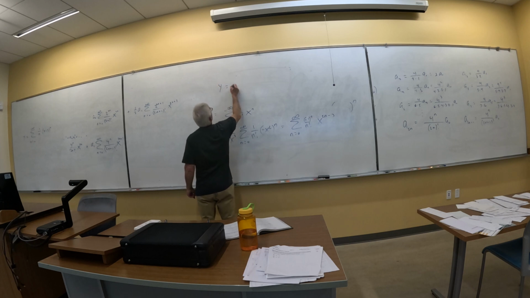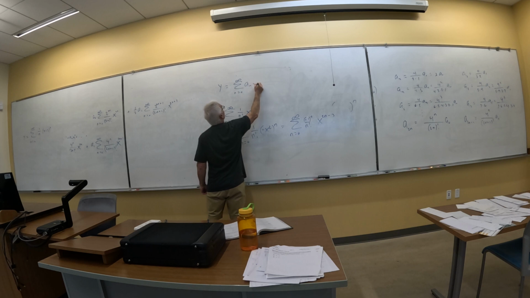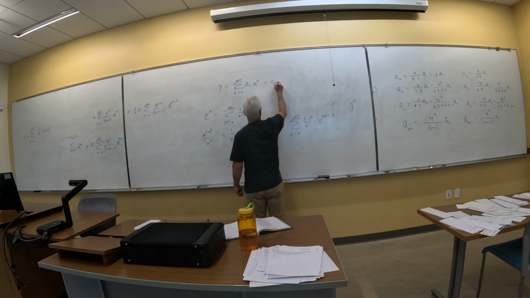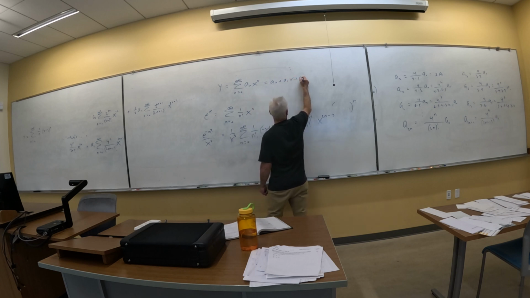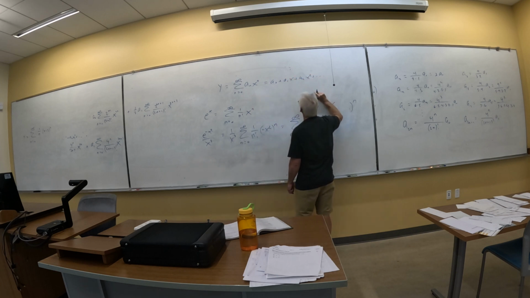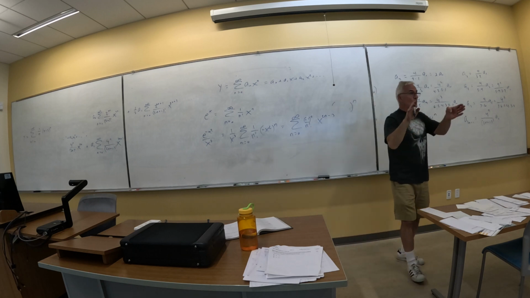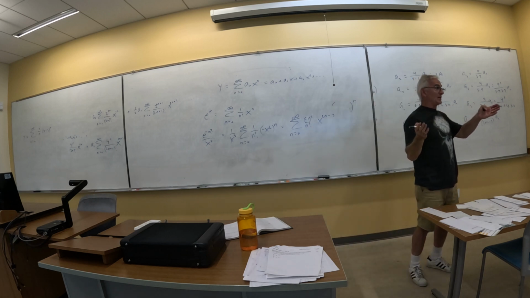Well, at the very beginning of the problem, we're assuming our answer has this form. Right. And what is this? This is a0 plus a1 x plus a2 x squared, and so on. Then what we did was we figured out a0 and a1, I don't know what those values are.